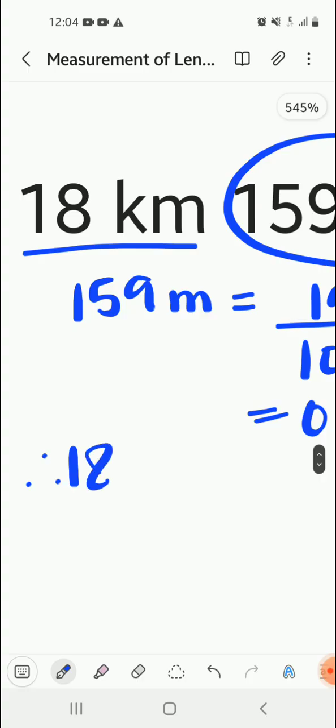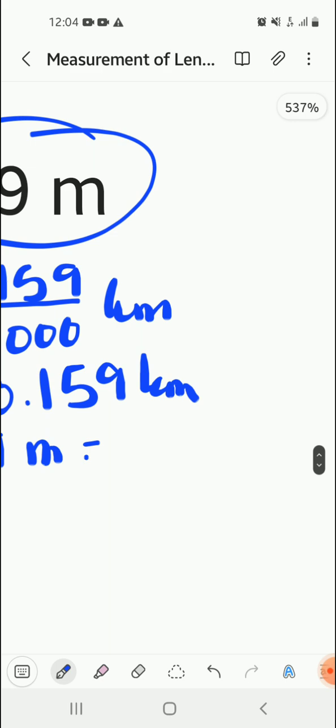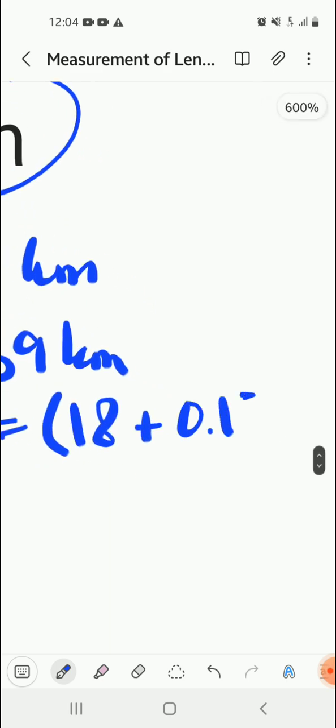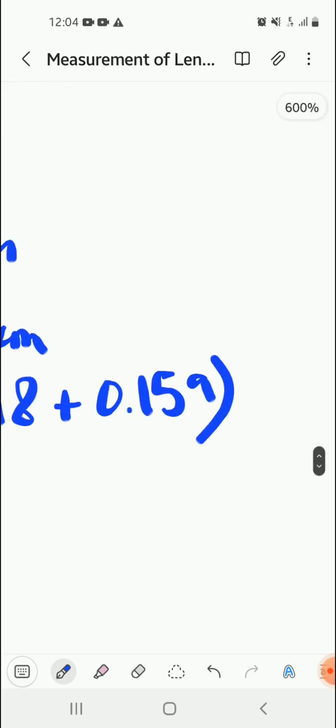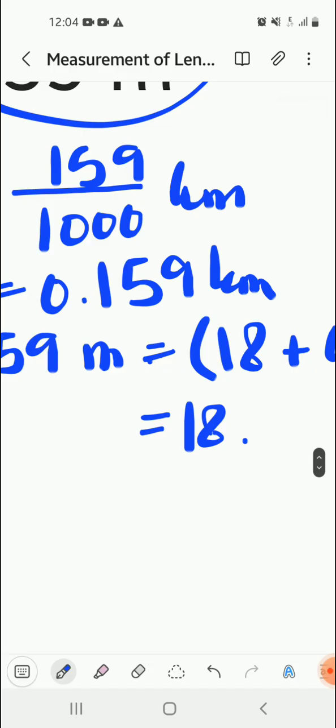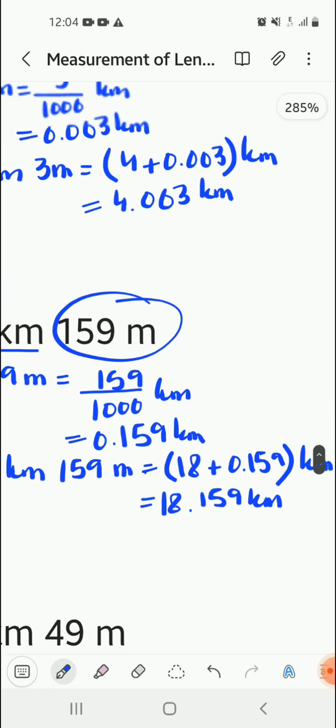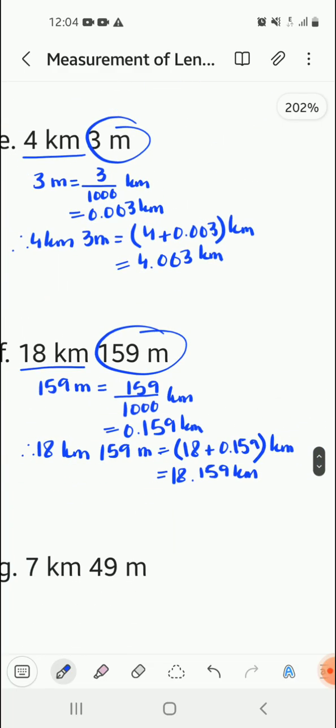So 18 kilometer 159 meter is equal to 18 plus 0.159 kilometer, which is equal to 18.159 kilometer. That is it.